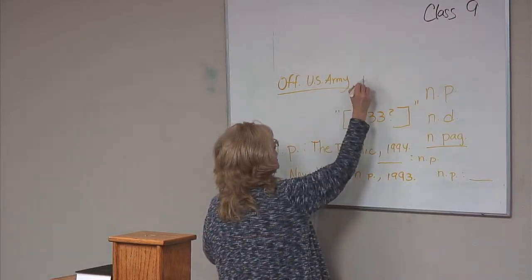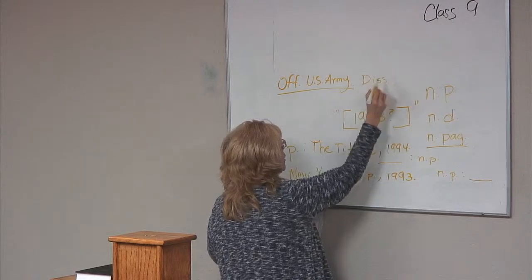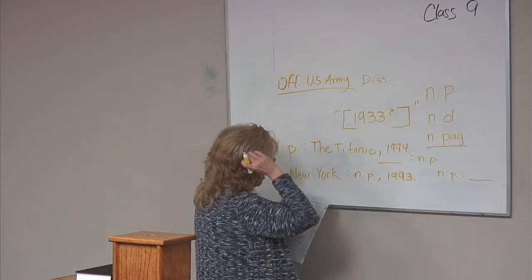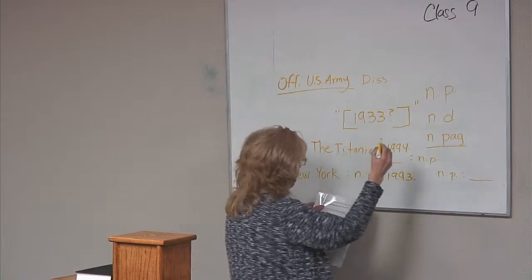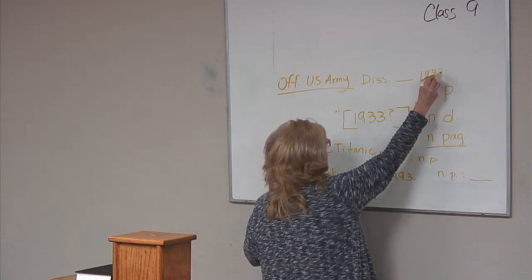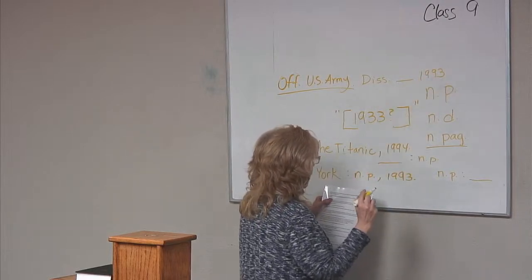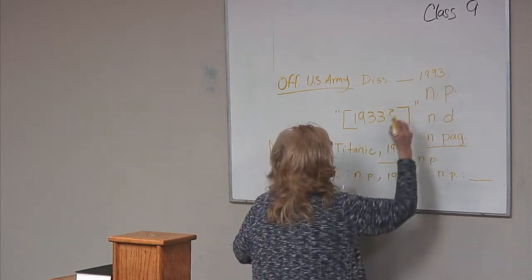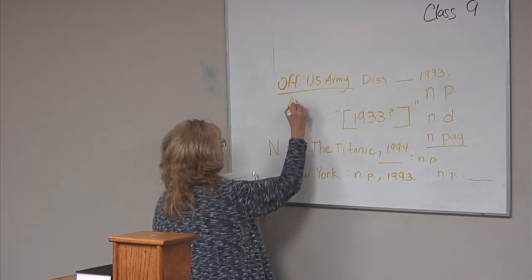Then you're going to write that DISS period, so we know that's a dissertation. And then the name of the university and the year. And then a period. And then the place comes next.